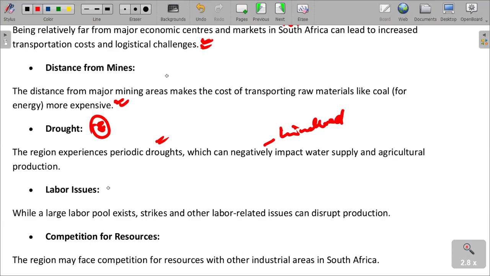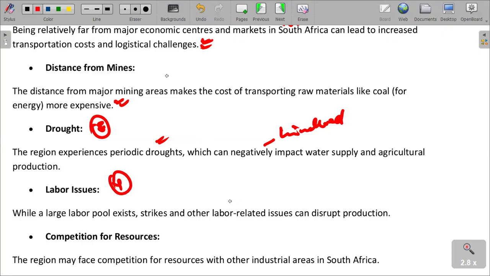We have got labor issues. Besides the issue that we identified that Uitenhage has got good population sizes, we also still have to understand that a large labor pool exists, strikes and many other labor related issues can disrupt production.